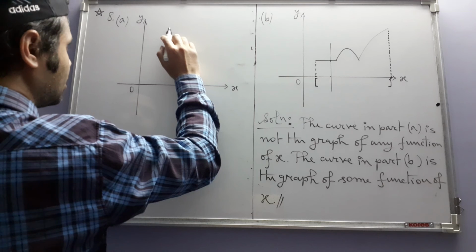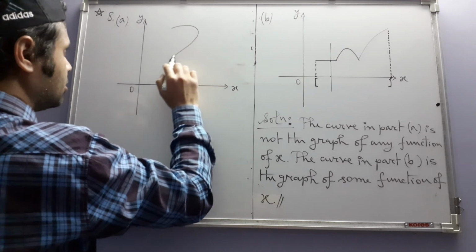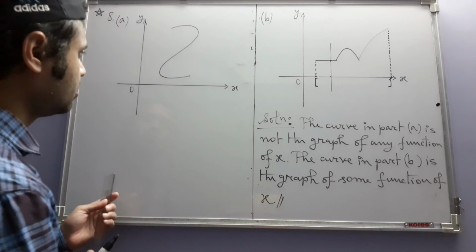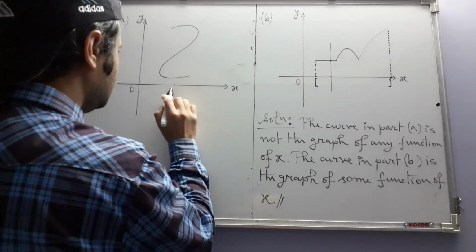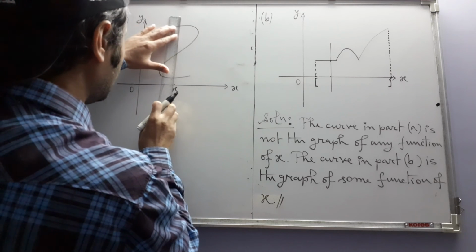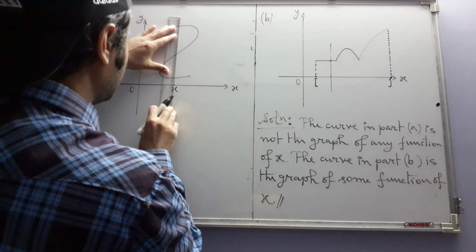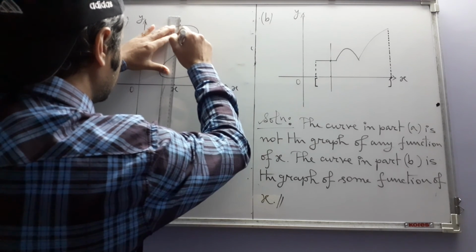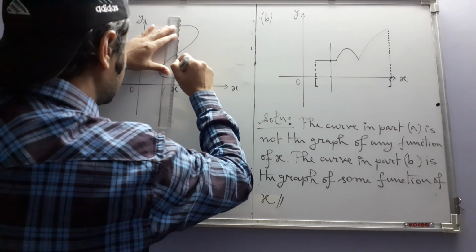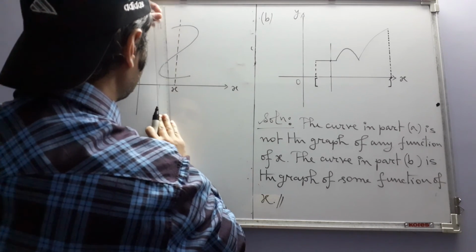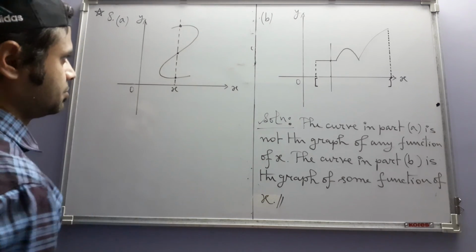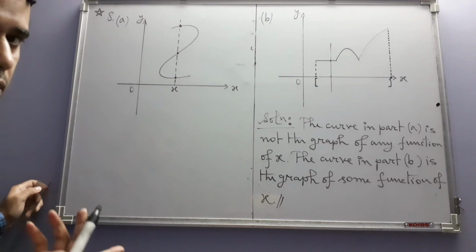Here the curve that is given looks roughly like this. So here I say it's more messed up than part A of 7 because for some inputs the vertical line crosses the curve at more than 2 points. So here the situation is even worse. So clearly it cannot be the graph of a function.